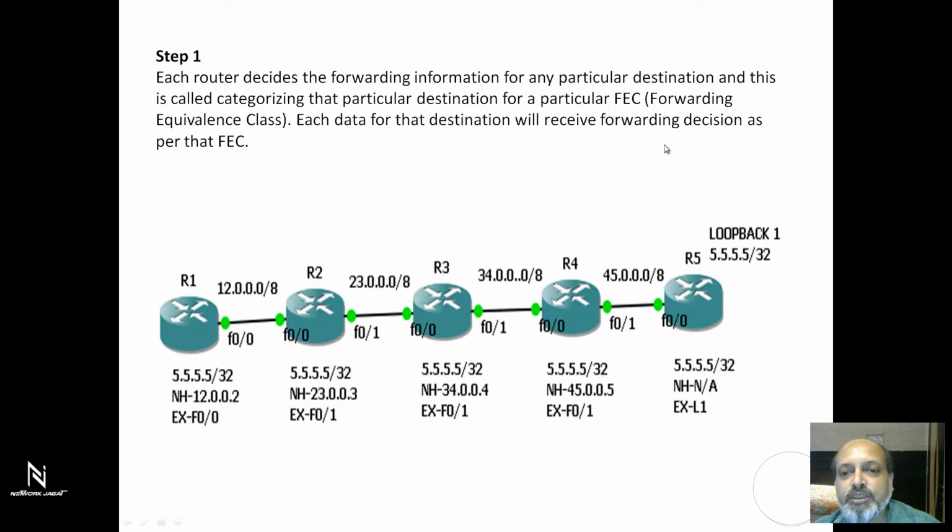Once again, if I go to this diagram, see, if you consider this router 5, it is the endpoint of the MPLS domain. Now, if the data which is coming from R1 has reached router 5, that data has to be forwarded into a domain which is not an MPLS domain. Now, definitely as a router is connected to that domain, obviously it is a network layer domain because routers always work in network layer or layer 3.